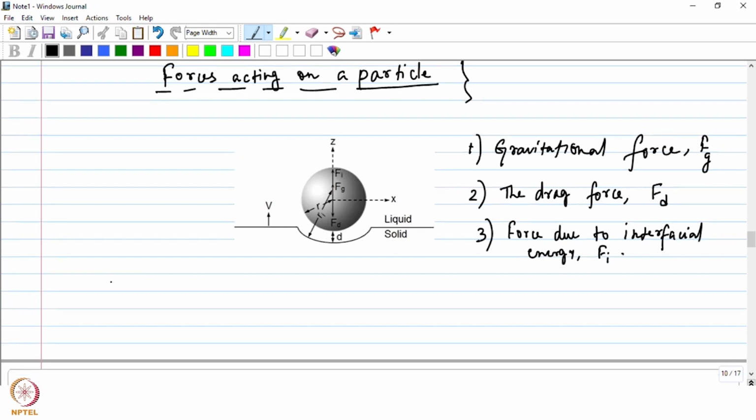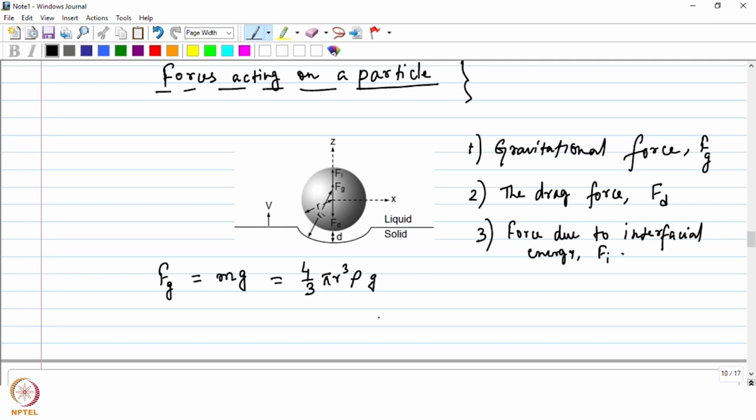Gravitational force Fg is nothing but mg, where m is the mass of the particle. So if you consider a spherical particle of radius r, this will be given as 4/3 pi r cube, which is the volume of the particle, multiplied by the density rho, that's m, into g.